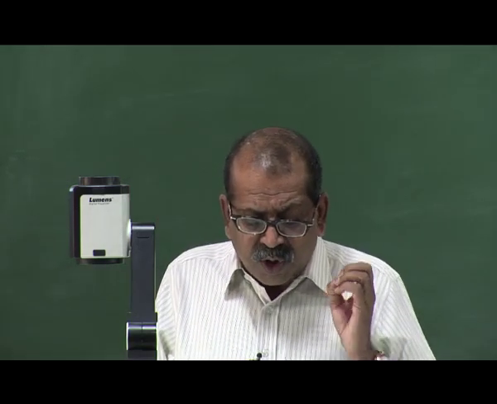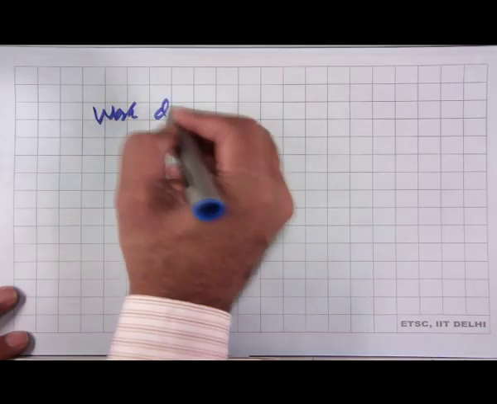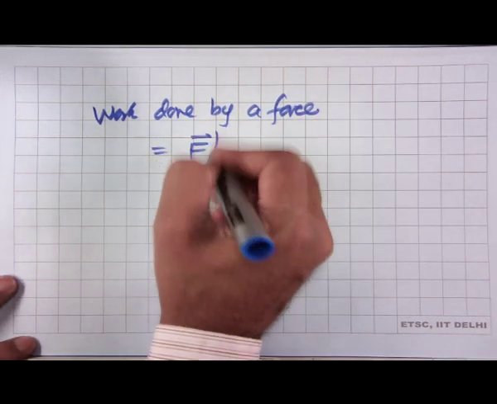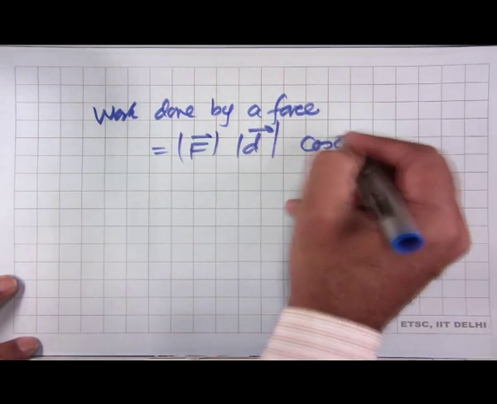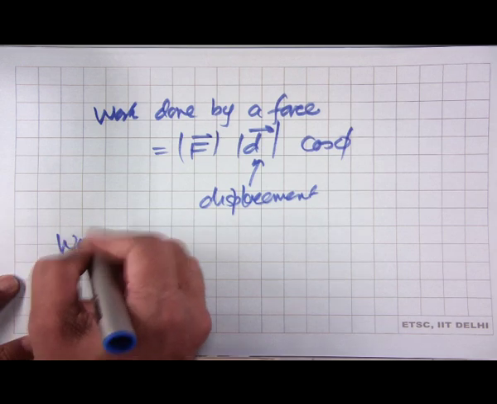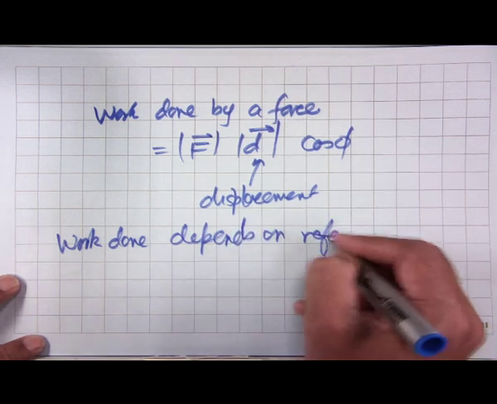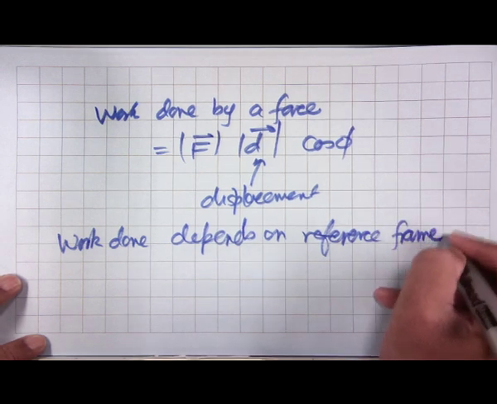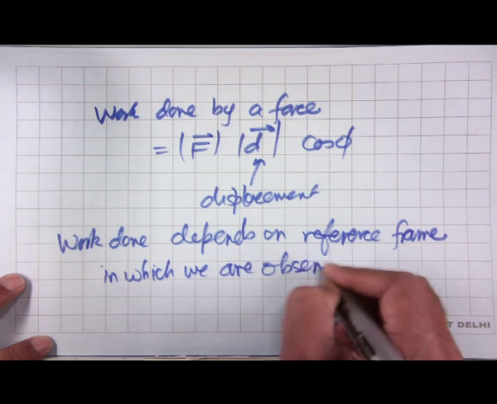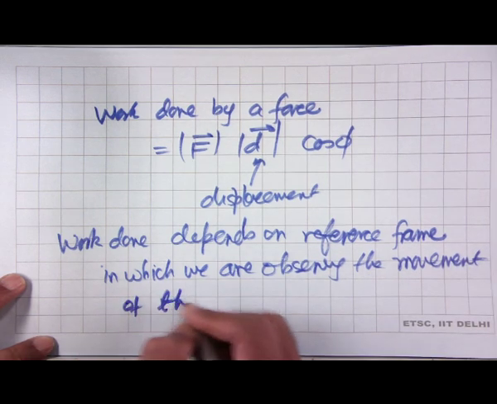You will realize one thing: because we are talking of displacement, work done by a force is equal to F times d times cosine phi, and because the displacement comes into the picture, the work done depends on the reference frame in which we are observing the movement of the particle.